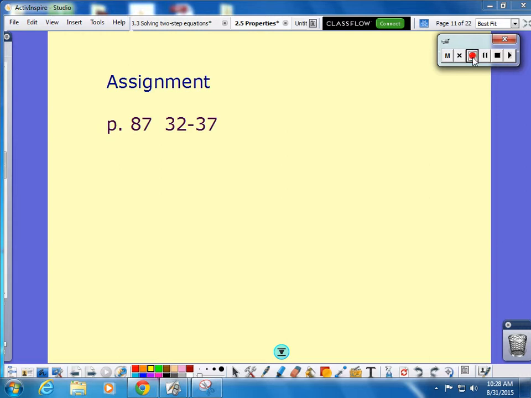So 34 is also distributive. Alright, 35. 4, 5, and X are in the same order, but the parentheses are the grouping moves. Associative property of multiplication. So number 35 is the associative property of multiplication.